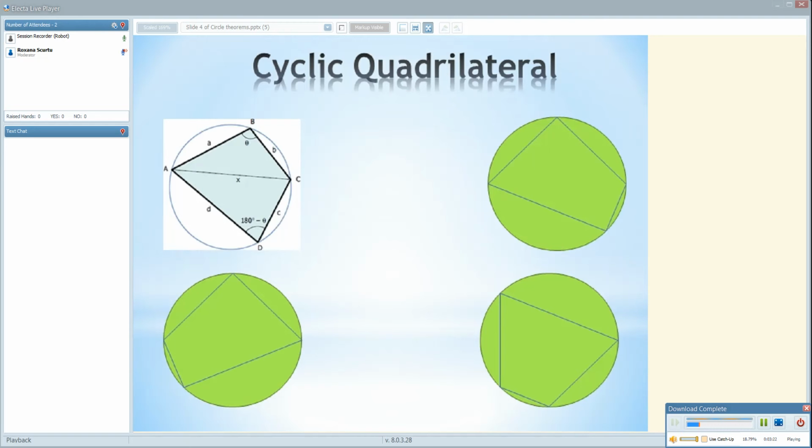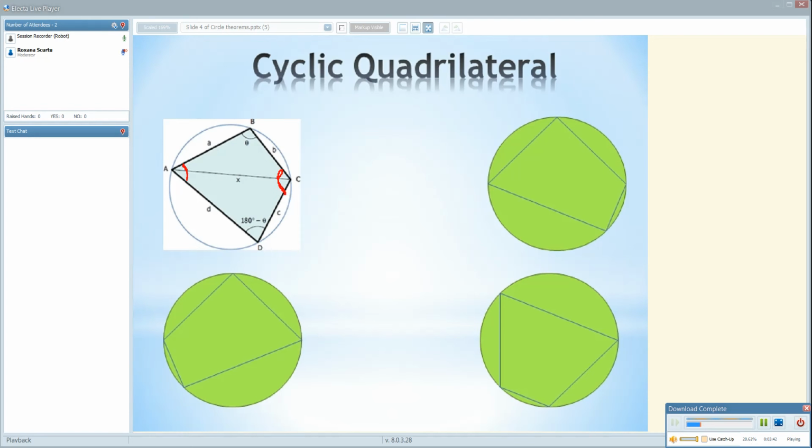So the next theorem would be the cyclic quadrilateral. It means the quadrilateral with all the endings on the circle is always going to have the opposite angles adding up to 180 if you add them together.